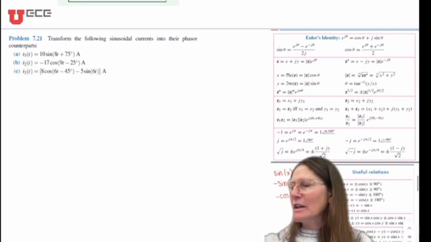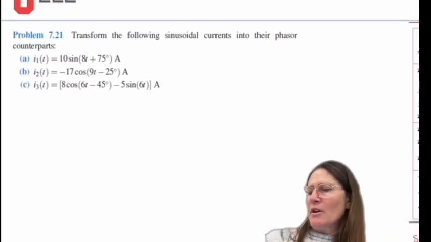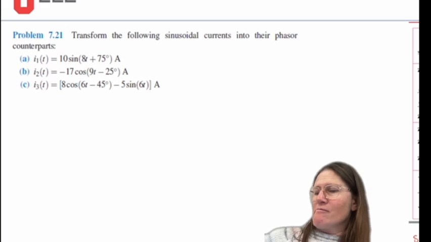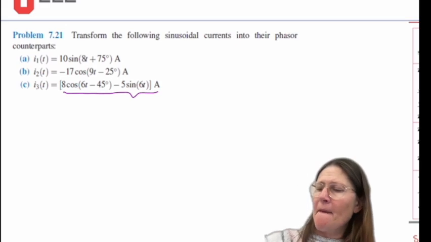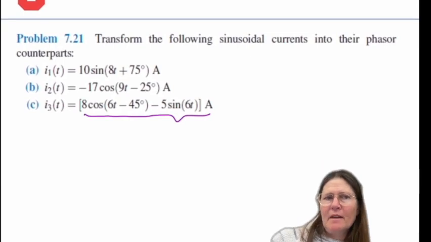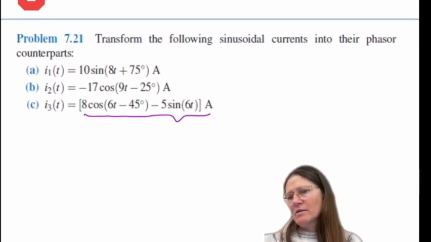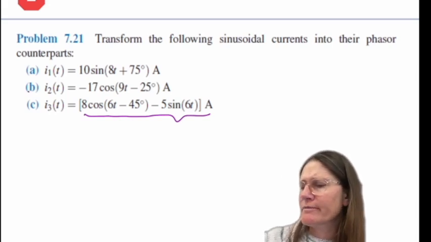Yeah, we'll not get into that yet. Okay, so let's transform these. Let's just do this one. So do I3 and change that into phasor form. We already did examples like these others.